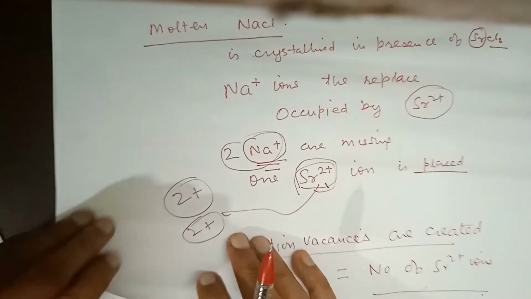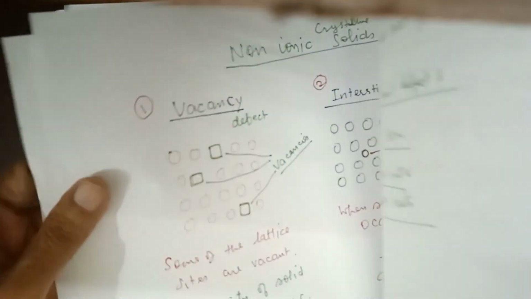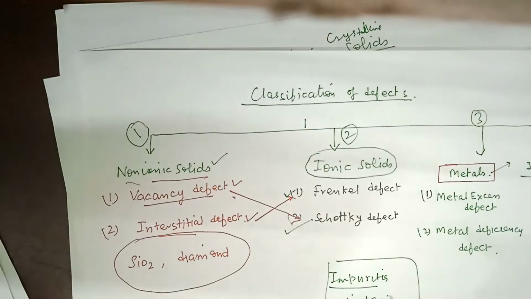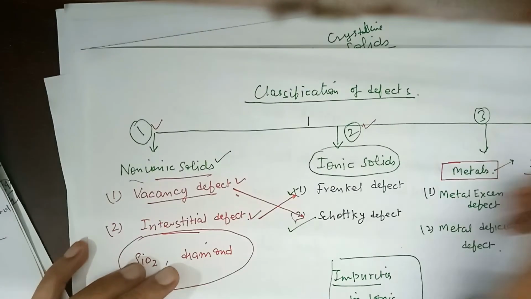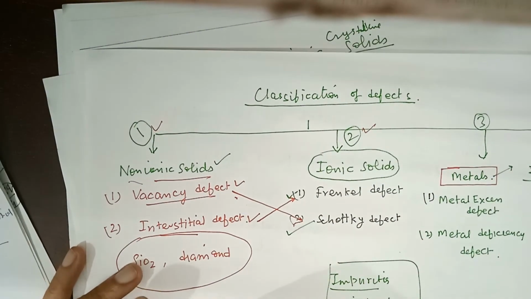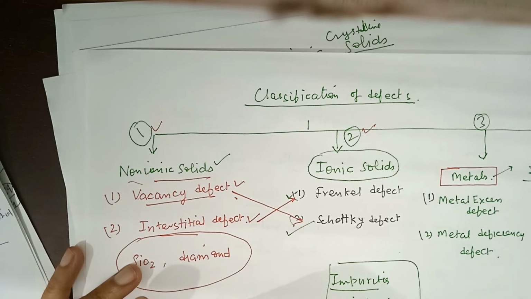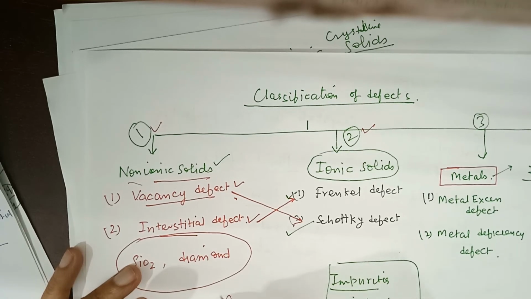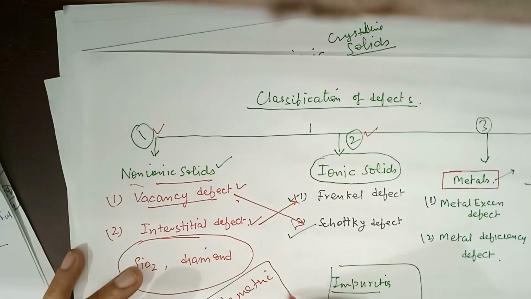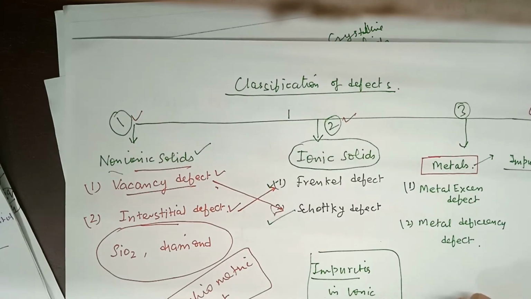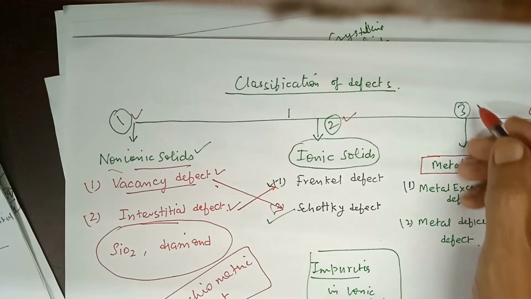Now let me clear one thing at this stage, that these all, 1, 2 and 4, are stoichiometric defects, meaning the formula or structure of the solid is not changed.